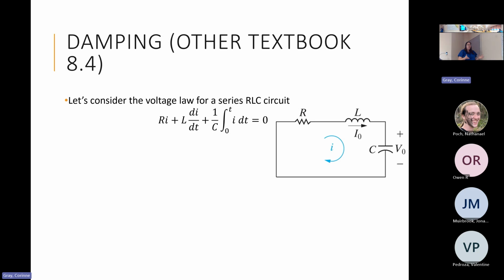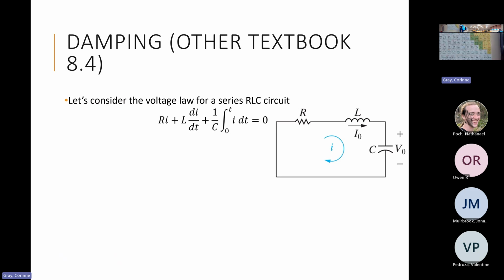As it stands right now, mathematically, this would be an absolute nightmare to solve. So what's typically done is we want to make everything a derivative. If we think about integrals and derivatives, similar to how we think about multiplication and division or addition and subtraction, they're opposites of each other.